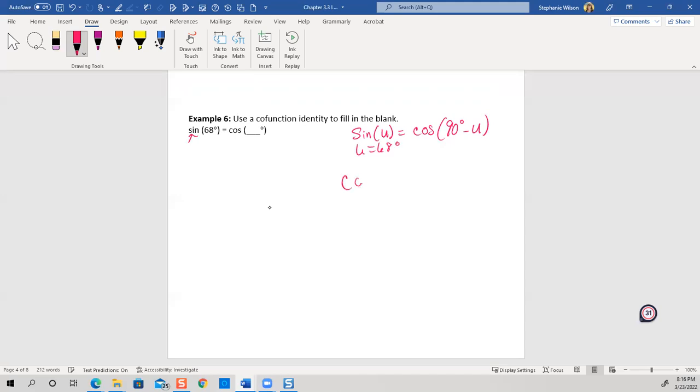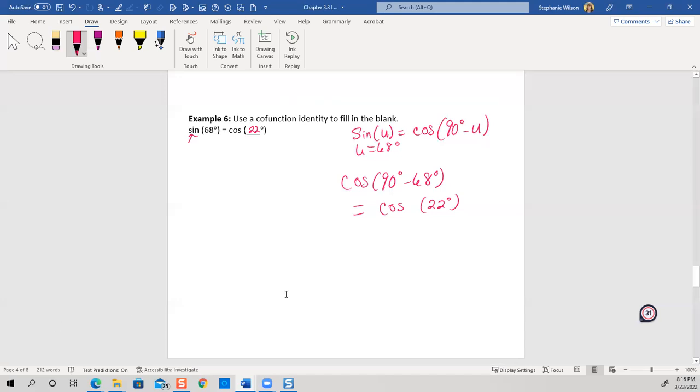So knowing that, I can go cosine of 90 degrees minus that 68 degrees. And it gives me cosine of 22 degrees. So we get 22 degrees here.